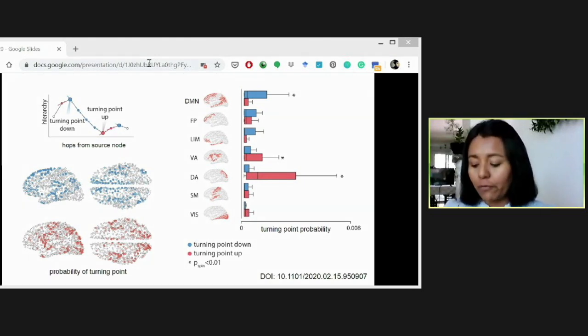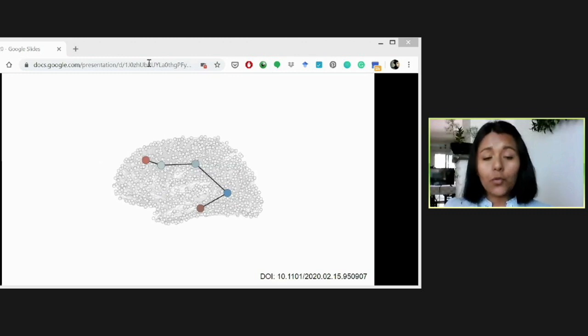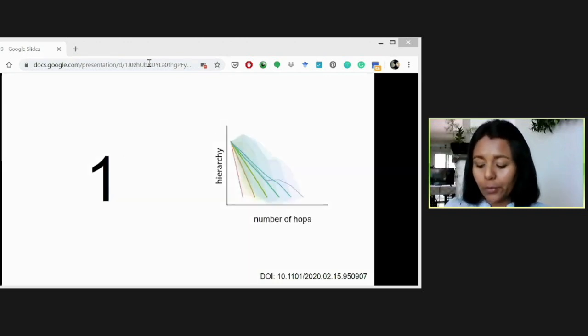To summarize, we ask, what are the effects of the hierarchical organization of the brain over the communication? So, we studied what sequences of hierarchies were visited along the shortest path and found, first, that the architecture of the network promotes signaling via the hierarchy, and the cortical hierarchy shapes the communication motifs. This suggests a link between structure and function on the network.